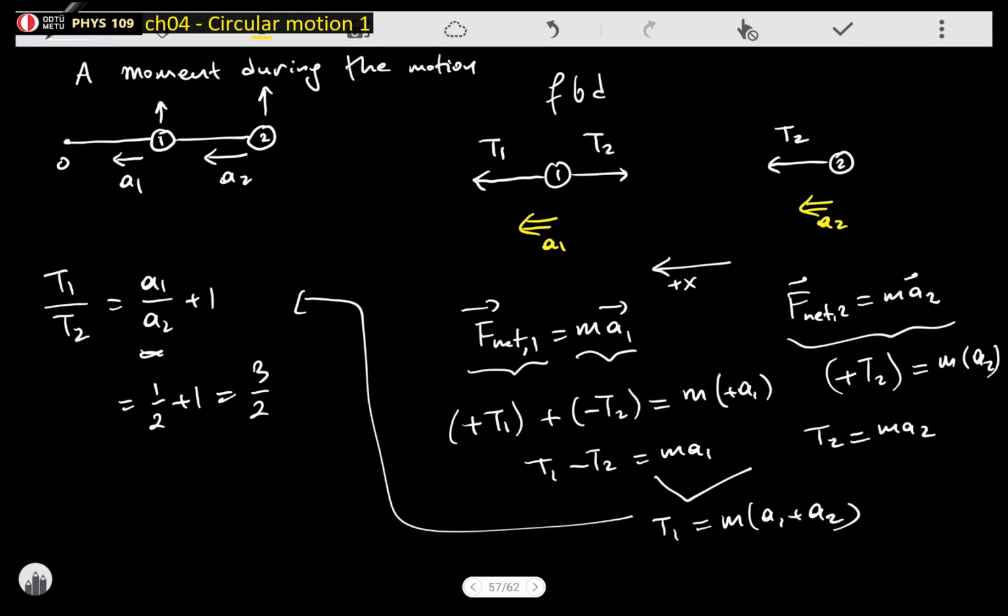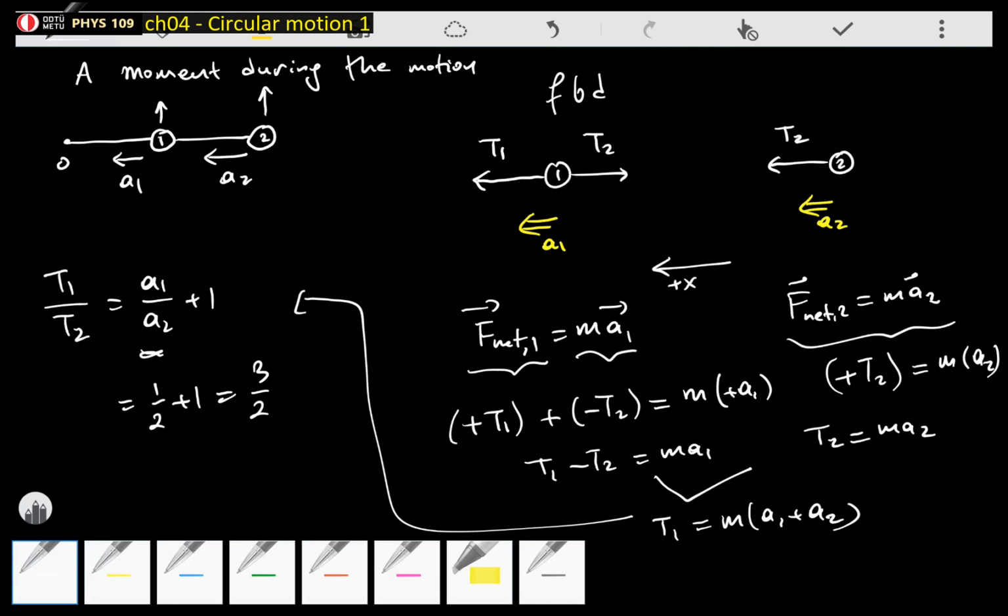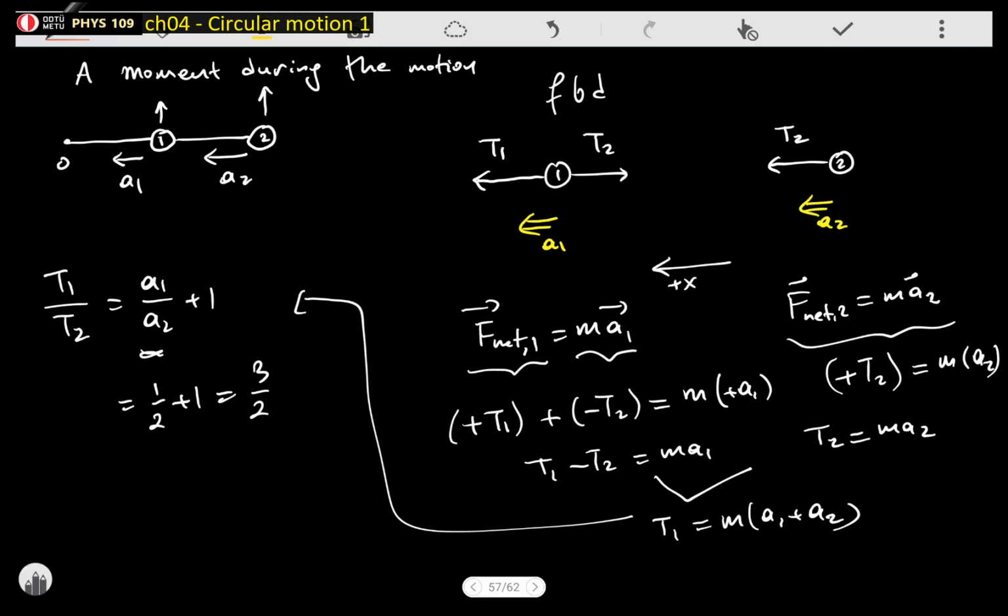However, let's also talk about the wrong ways of solving this problem. Some people solve it like that. They actually add, on the free body diagram, something like mv1 squared over r in here.